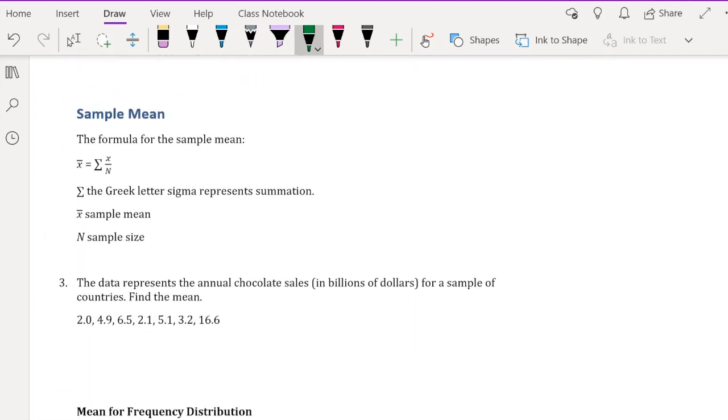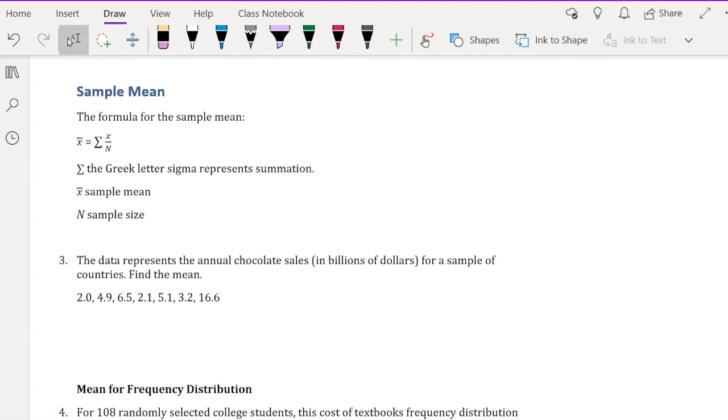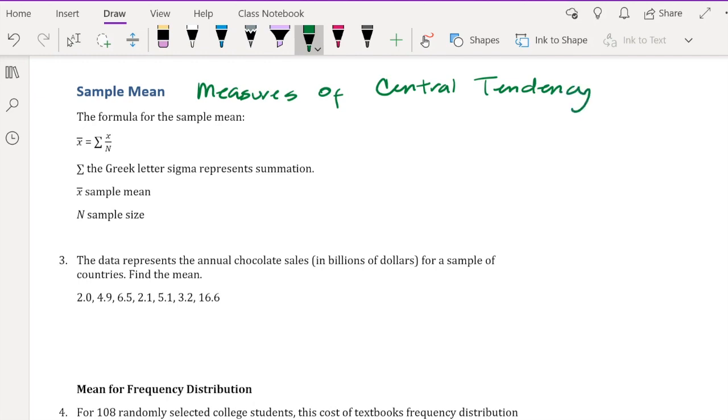Now we're back to measures of central tendency. Okay, so we're going to calculate the mean, and most of you are going to be familiar with this type of mean. I just want to go over the notation first. So whenever we use lowercase, we are usually denoting the sample.